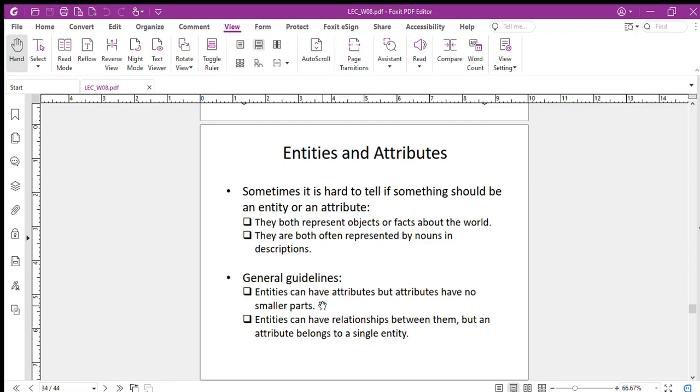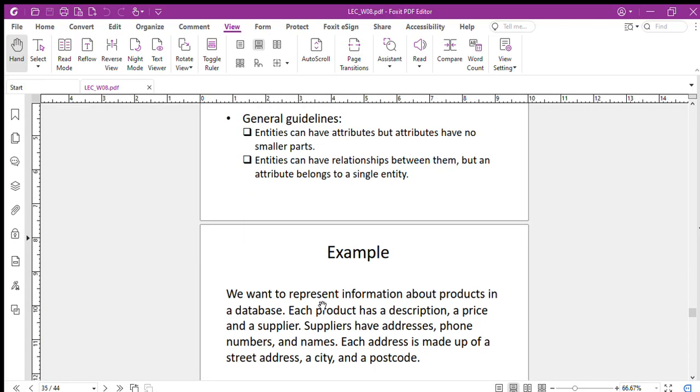For example, a person is an entity. This entity has different attributes or properties, like the person's name, address, CNIC, height, age, etc. Entities can have relationships between them, but an attribute belongs to a single entity.